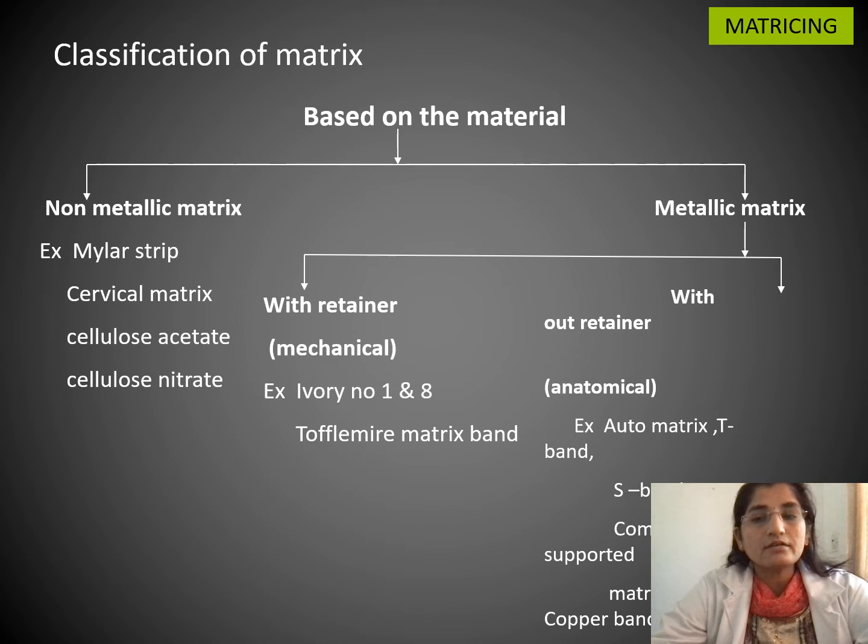With retainer matrix, we have ivory number 1, ivory number 8, Tofflemire matrix band, and so on. Without retainers are those matrix systems which we don't use retainers. Examples are automatrix, T band, S band, copper band, etc.